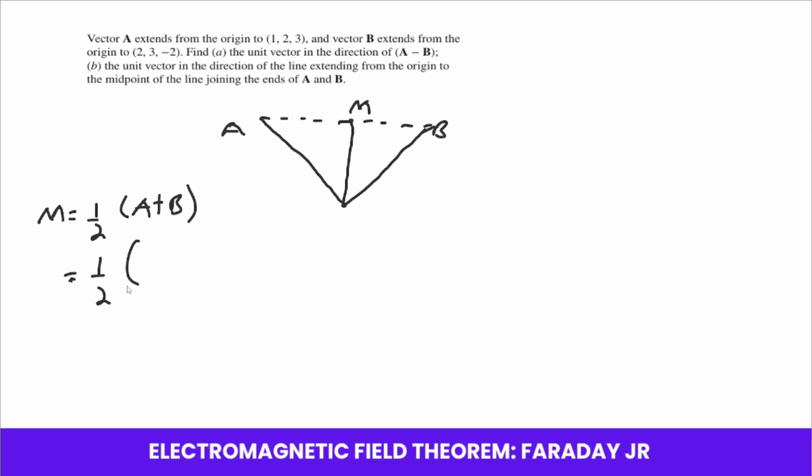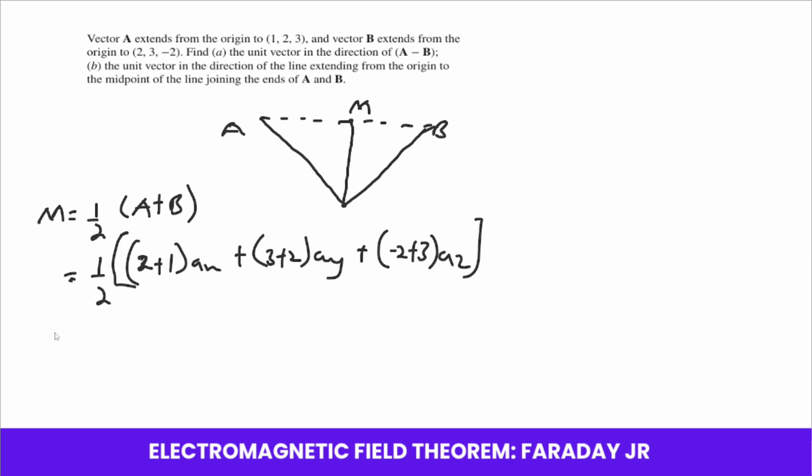We'll have 3 plus 2 or ax, plus 3 plus 2 or ay, plus our -2 plus 3 or az. That is 3 over 2 ax.